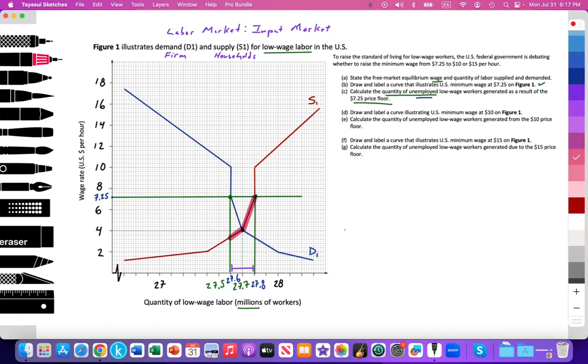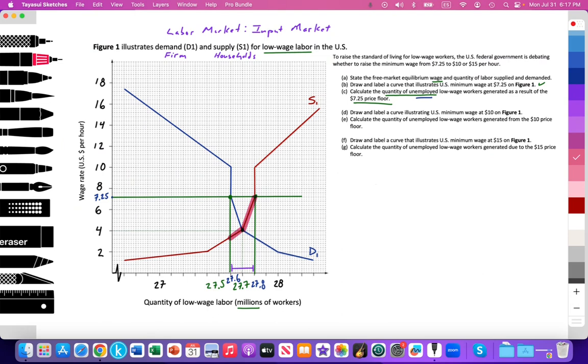And so in the first part of the question, we looked at the free market equilibrium, which was at $4 an hour, with the quantity supplied and demanded at 27.7 million workers. And then we imposed the current minimum wage at the federal level in the United States, which is $7.25. We imposed that price floor.